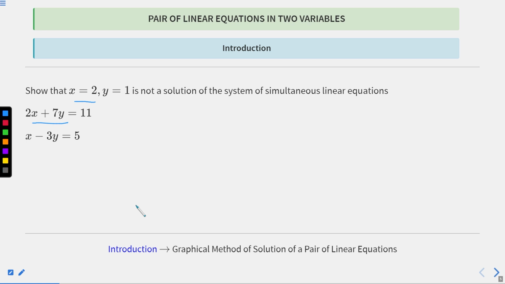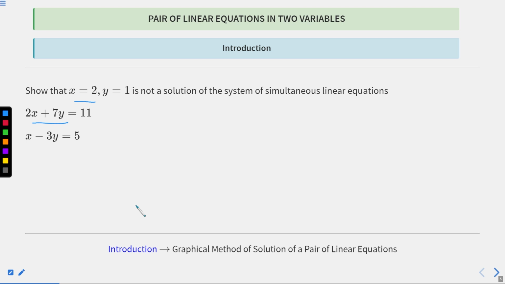Basically we have to check by substituting x equal to 2 and y equal to 1 in these equations. If x is equal to 2 and y is equal to 1 satisfy both equations, then we will call it the solution.